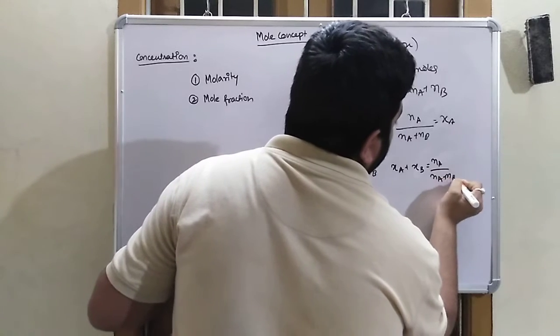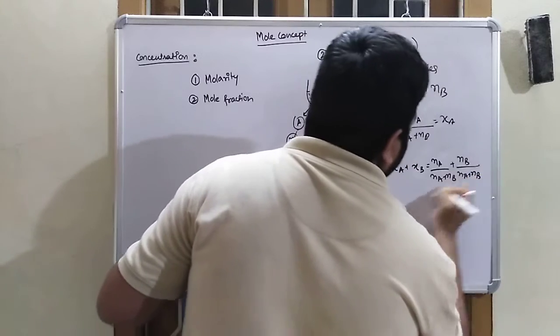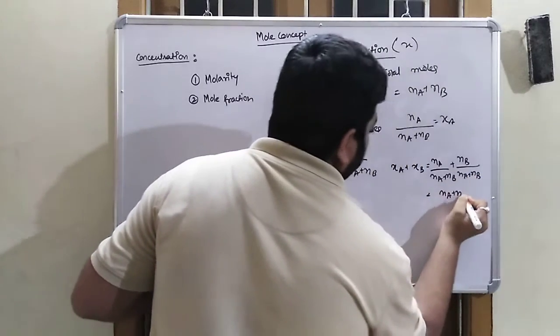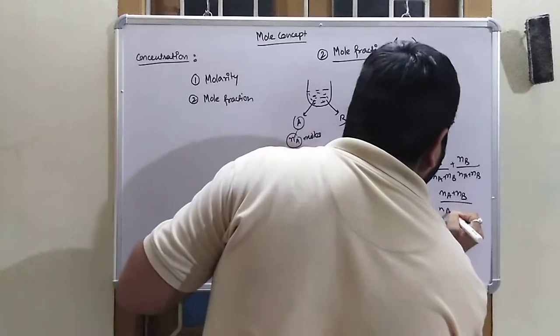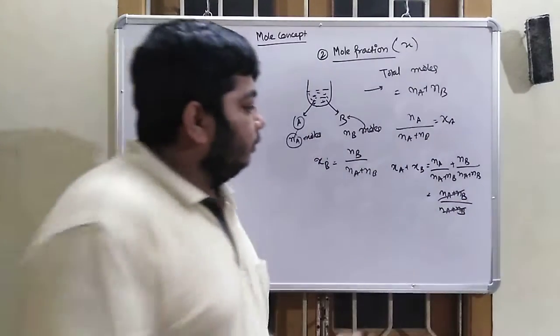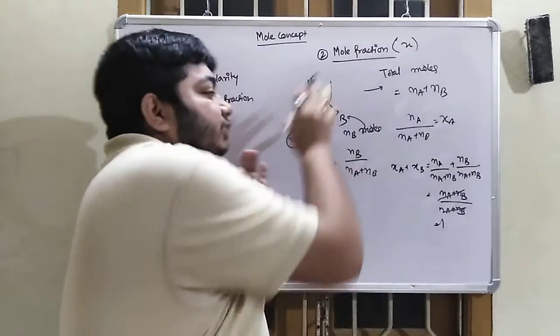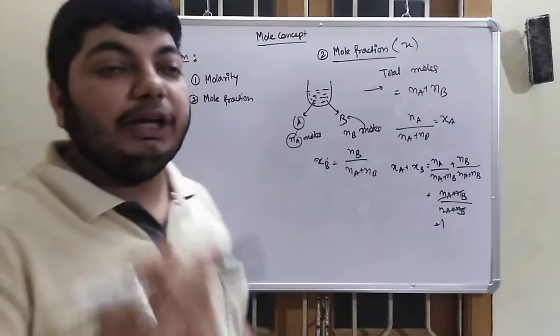Na plus Nb divided by Na plus Nb. So if we sum up all the mole fractions of a solution, then the resultant will be 1.